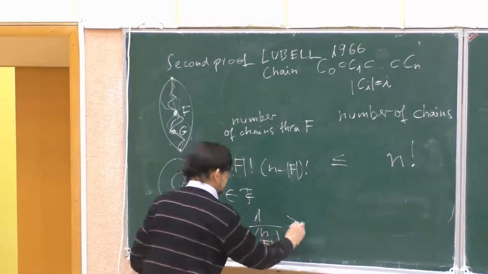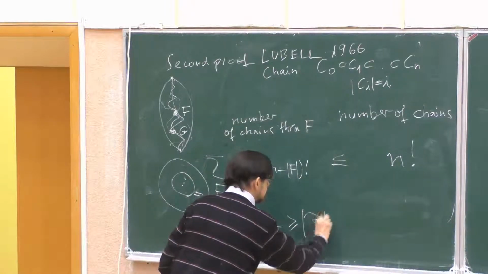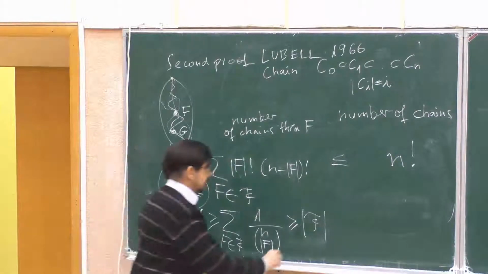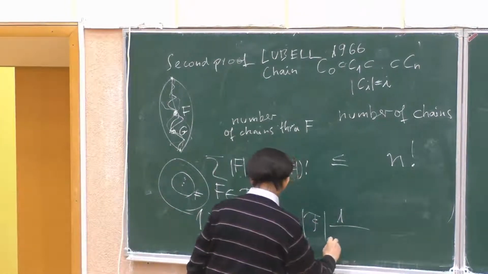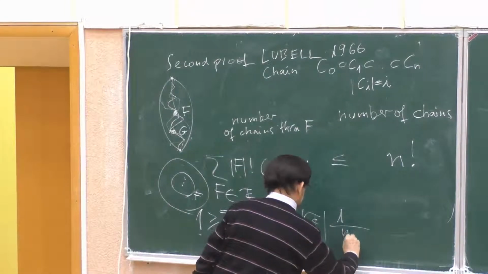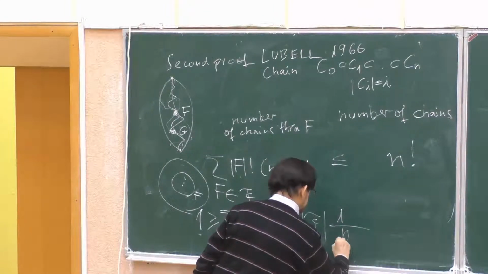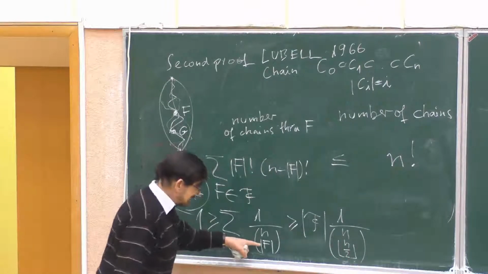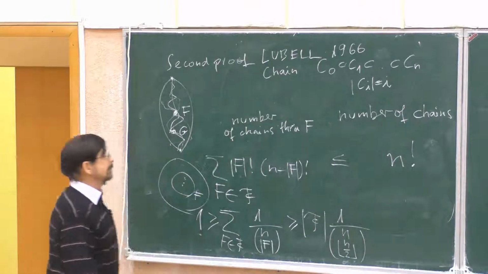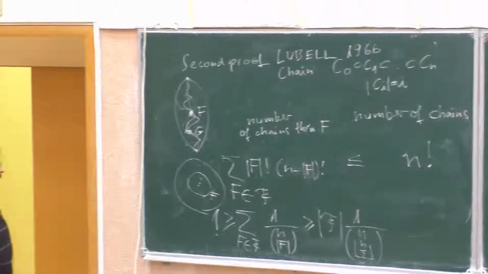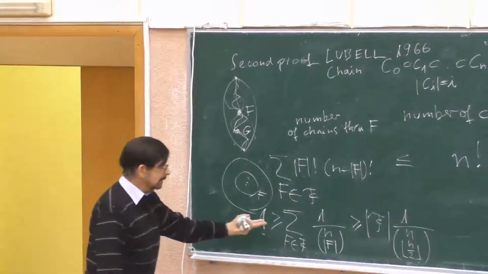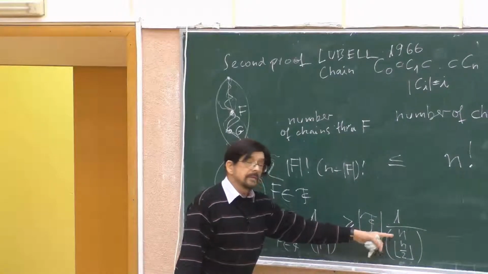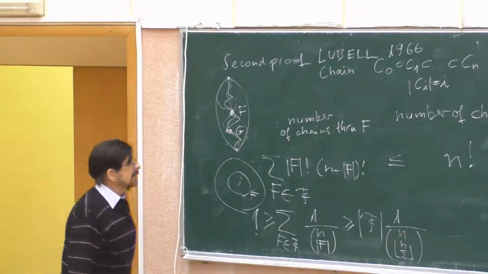So the number of terms is the size of f, and 1 over, because the maximum of this is this. And so what we obtained is that f is less than or equal to this number.